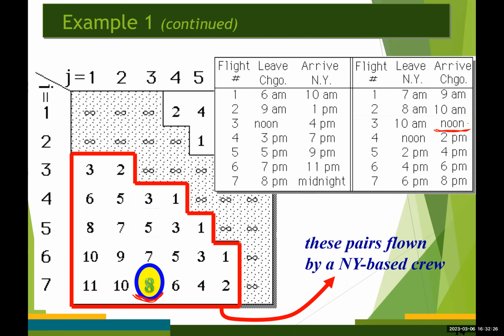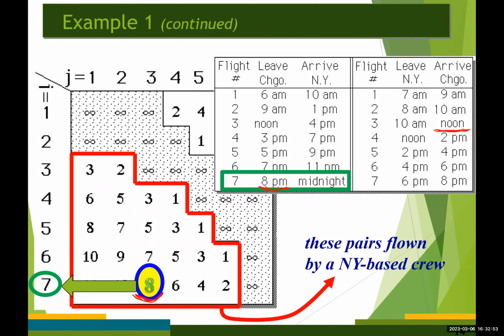And then he will take flight number 7, which is at 8 o'clock at night, to come back to New York City. So in this case, the layover time would be 8 hours, from noon to 8 p.m. Such a long period of time, right?